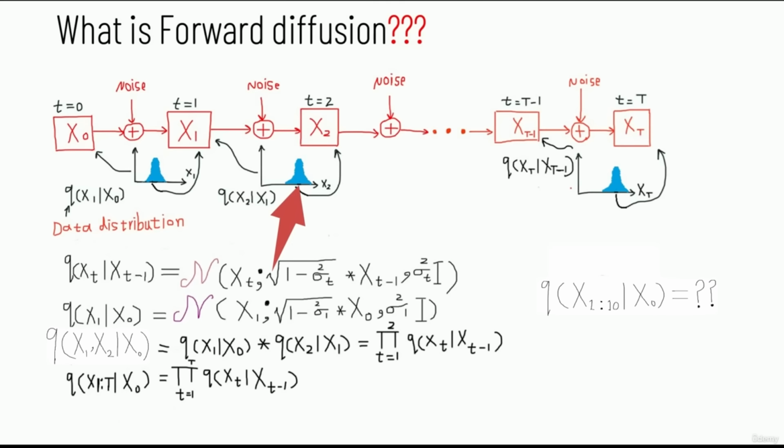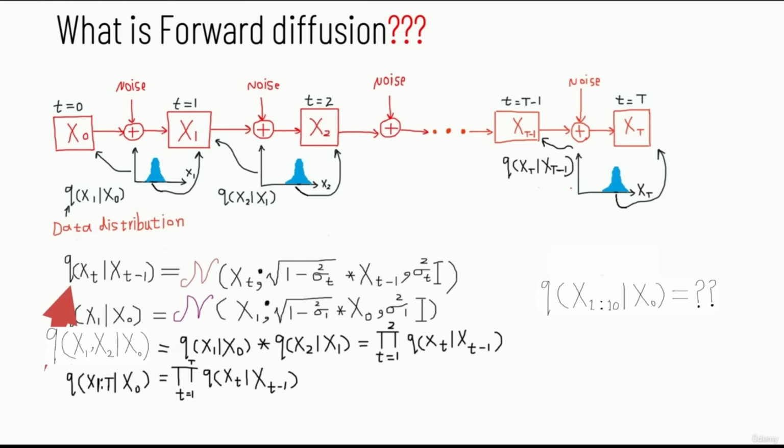We will use this distribution to get the value of x2 variable at time step 2. We will represent this distribution by q of x2 given x1. And we will do the same thing again and again until time step capital T.